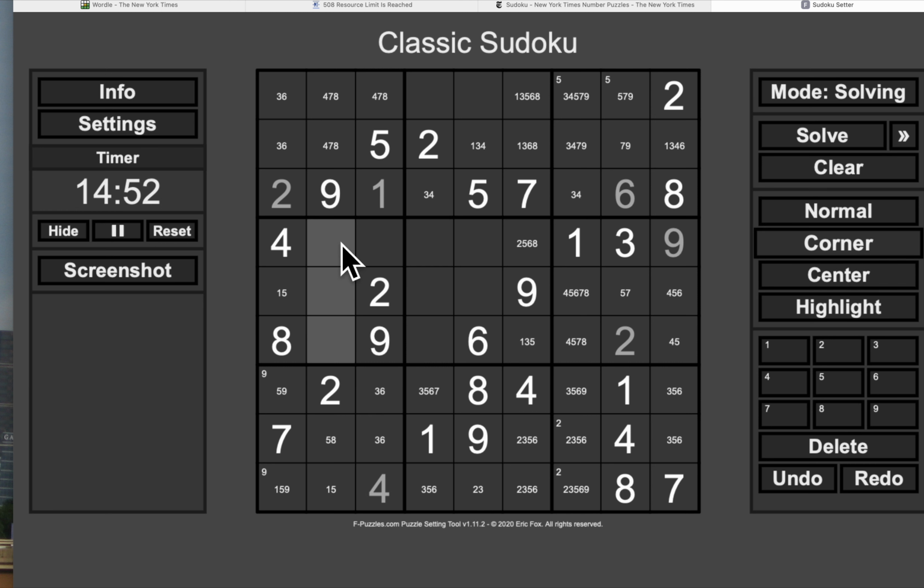Let's see. These cells here in this box are 2, 4, 8, 9, which have already been placed. Therefore, 1, 2's taken, 3, 4's taken, 5, 6, 7. Now, okay, these are not 1 or 3.